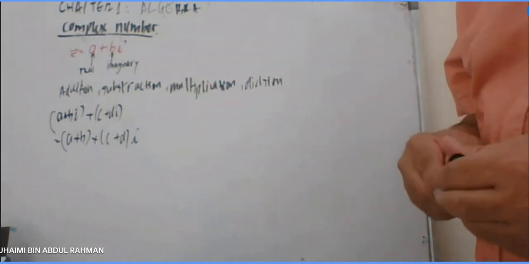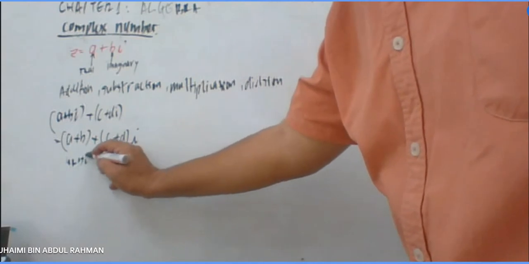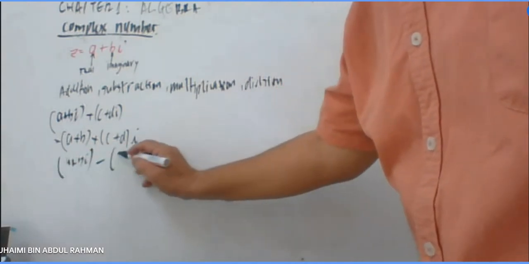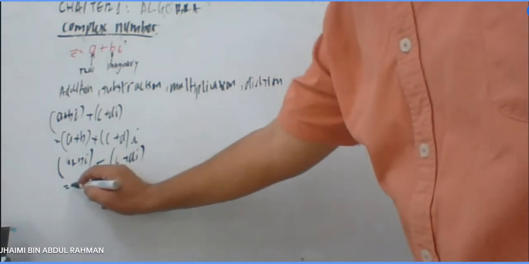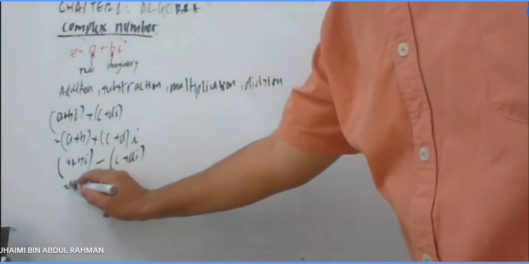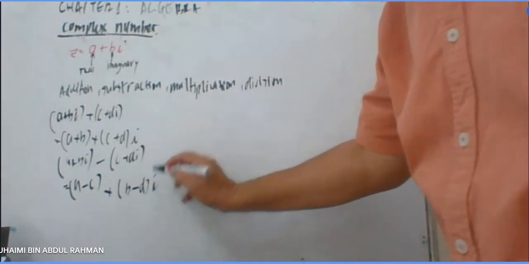Subtraction of complex numbers, let's say A plus BI, we want to subtract C plus DI, so we subtract: A minus C plus B minus D, I.